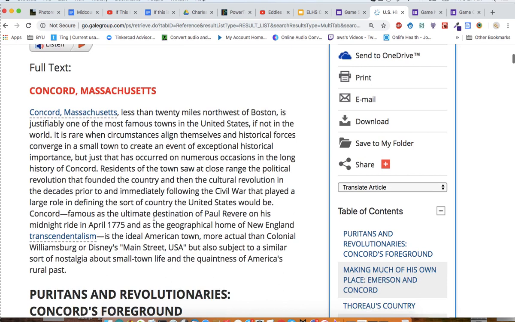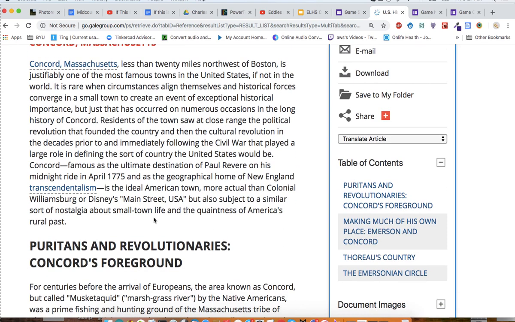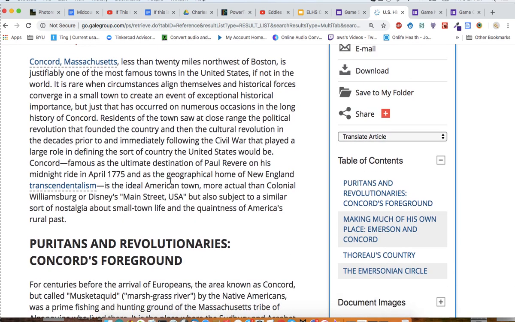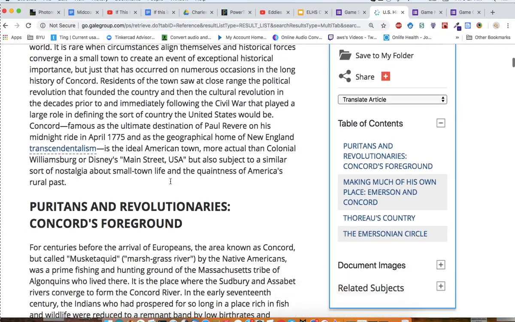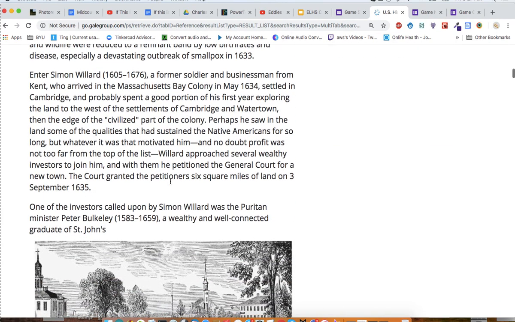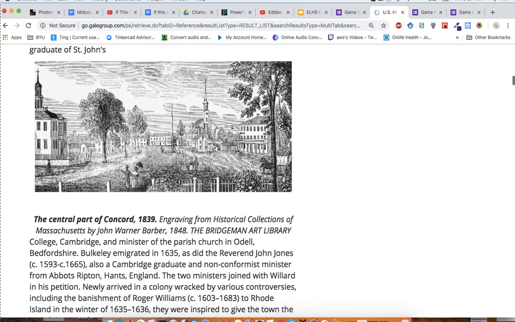So, this is just giving us an overview here of Concord, Massachusetts. And it's talking about the significance in the 1700s here, Cultural Revolution, and over here going into the Massachusetts Bay Colony. Let's get up into the time period that we're really looking for.